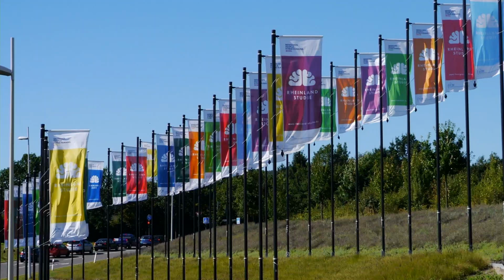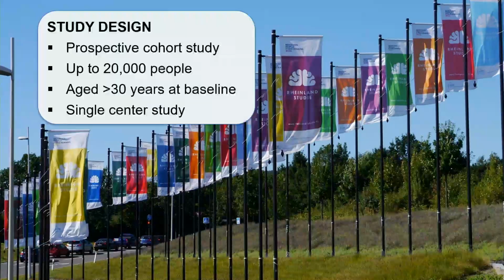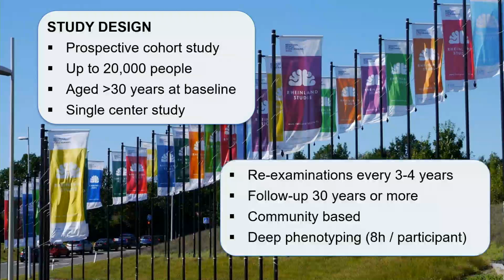Some of you might not be very familiar with our study. We are an ongoing, community-based cohort study based in Bonn, Germany, from 2016. All inhabitants aged 30 and above are invited to the centers. We plan to run for decades, and every 3 to 4 years we will re-invite the participants.